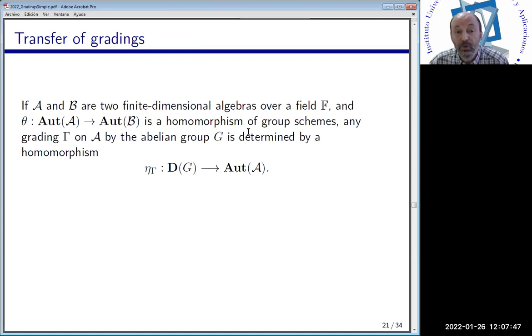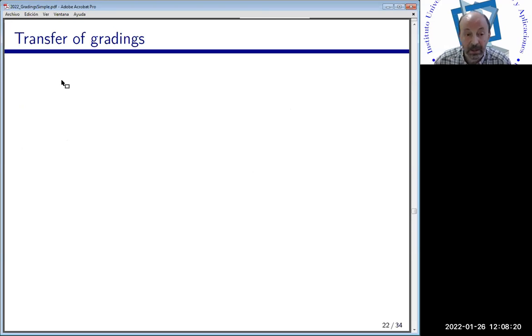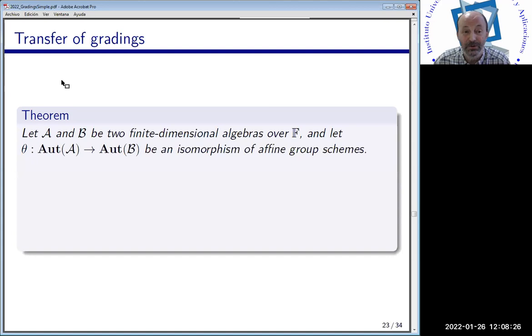So if we have two finite dimensional algebras over a field and we have a homomorphism of the corresponding group schemes, any grading on the first algebra A is given by a homomorphism of group schemes from the corresponding diagonalizable group scheme D of G into the group scheme of automorphisms of A. Now we can compose with this homomorphism of group schemes and get a grading on B. In this way, we can transfer gradings from A to B. And when we do this, things work in the most natural way.